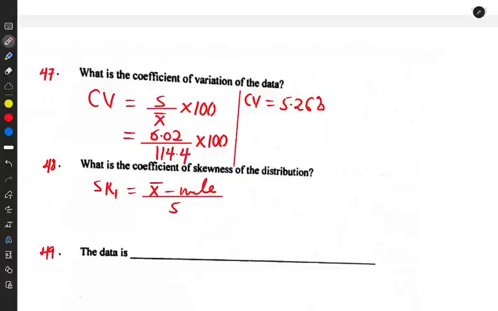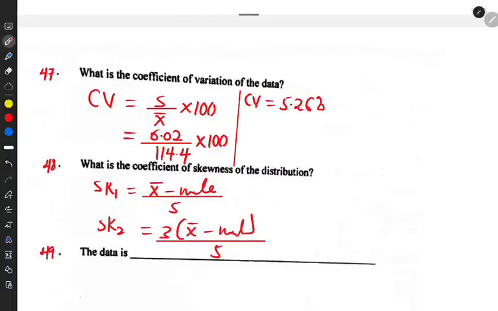But the second formula, SK subscript 2, is 3 multiplied by the mean minus the median value, divided by the standard deviation.